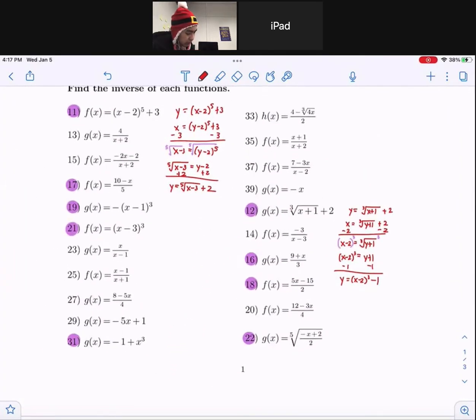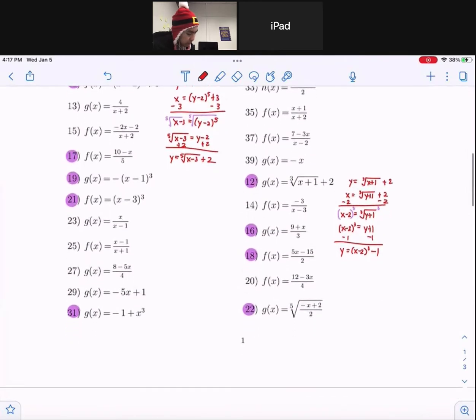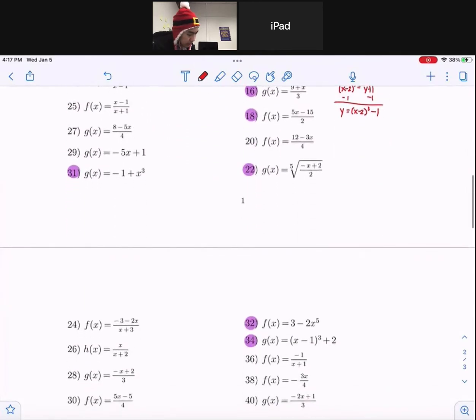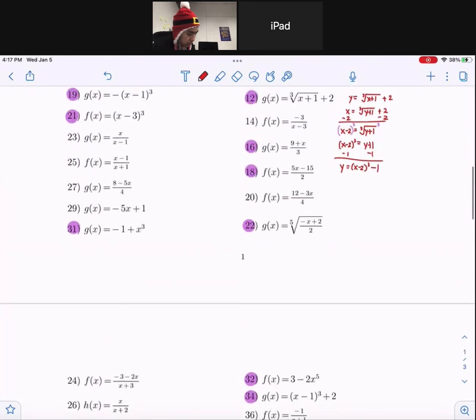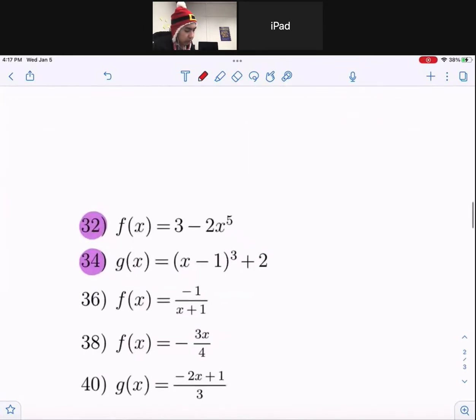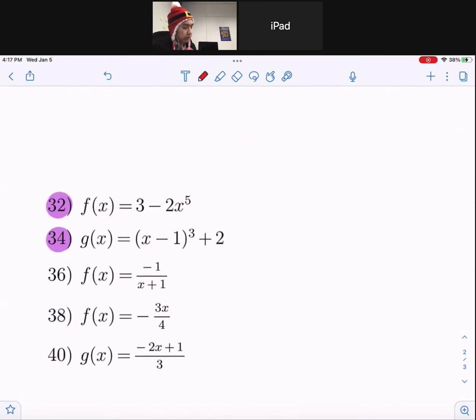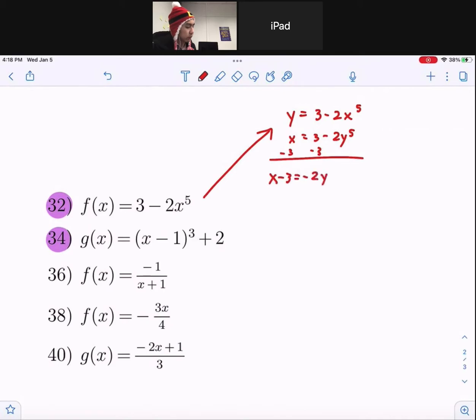I think you guys have a handle on that type of stuff. Let's try 32 and 34. For 32, set it equal to y. Switch the variables and now solve for y. Let's subtract 3 from both sides to get x minus 3 equals negative 2y to the fifth. We have to divide both sides by negative 2.